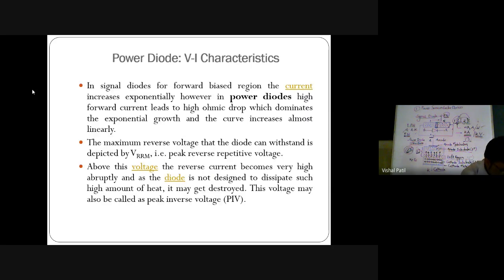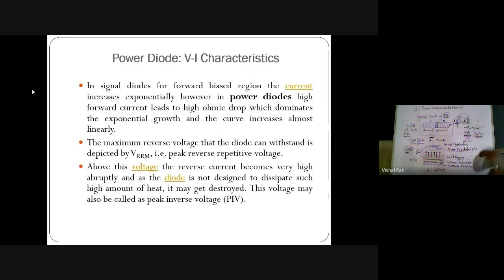Then the VI characteristics of the power diode. As I mentioned, the characteristics are very important and they play a vital role in the case of power semiconductor devices. This is the very first characteristic we are studying, and that too of a fundamental semiconductor device like the power diode.